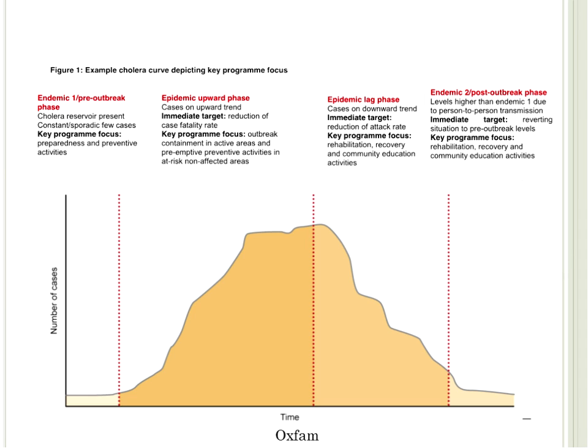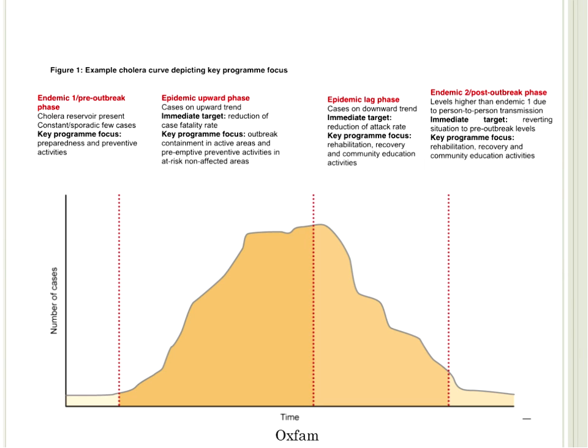So I'm going to talk about other public health measures to implement in the setting of an epidemic, and this is an epidemic curve of cholera. I obtained this figure from Oxfam. When you're thinking about implementing public health measures, you do measures based on various times during the epidemic.